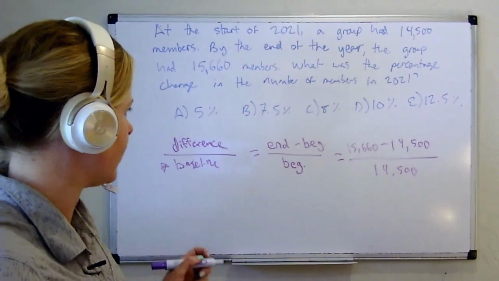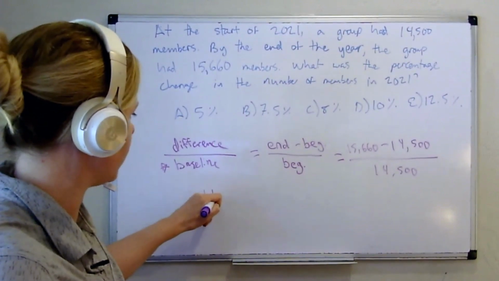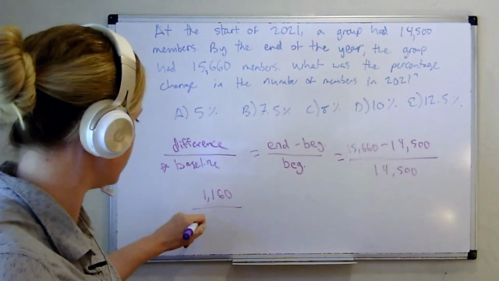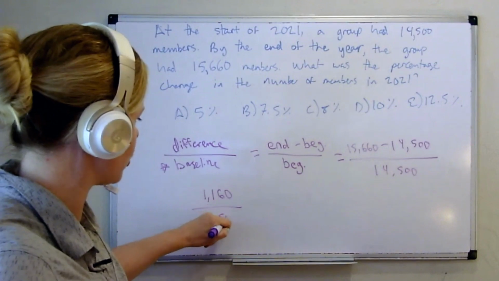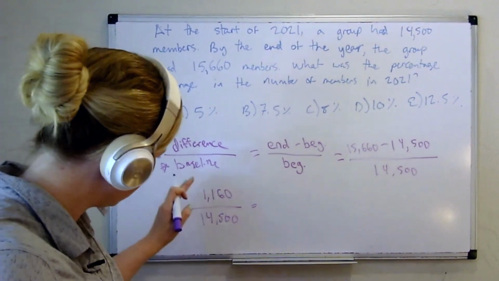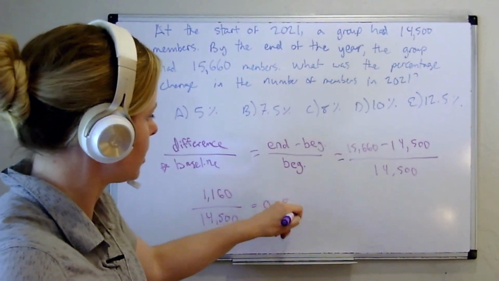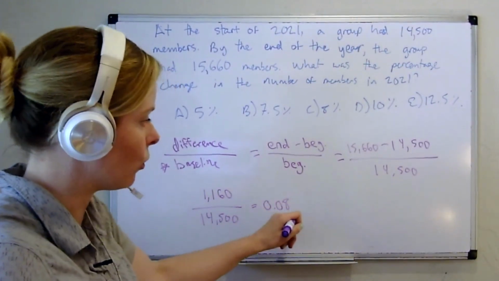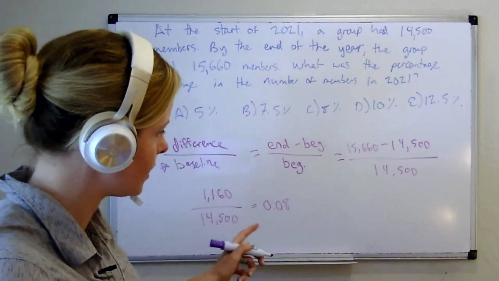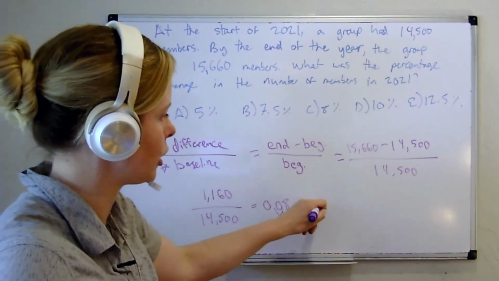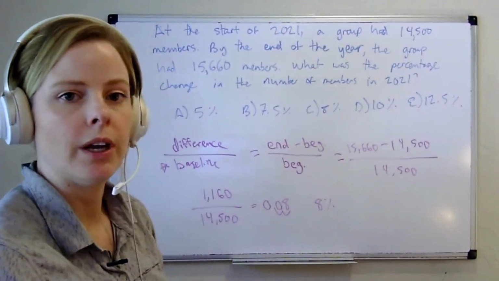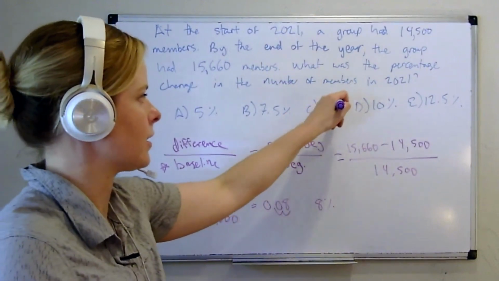If you do that, you're going to end up with 1,160 on top and 14,500 on the bottom. And then again, I would just do the division in the calculator, and I would end up with 0.08. This is in decimal form, so to turn that into a percent, all we have to do is multiply by 100, and we end up with 8%, and that is our answer, C.